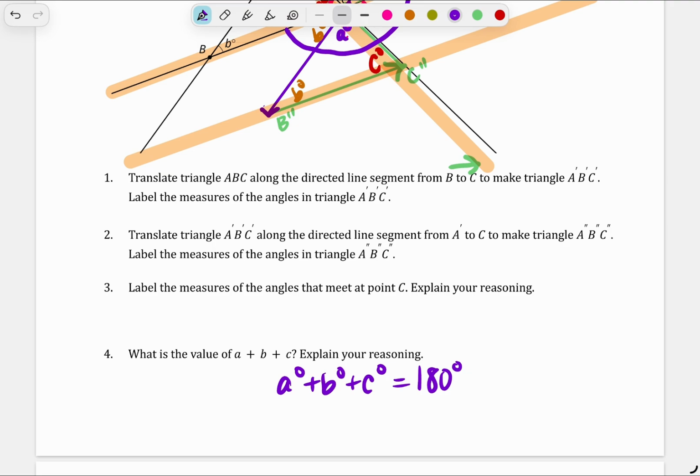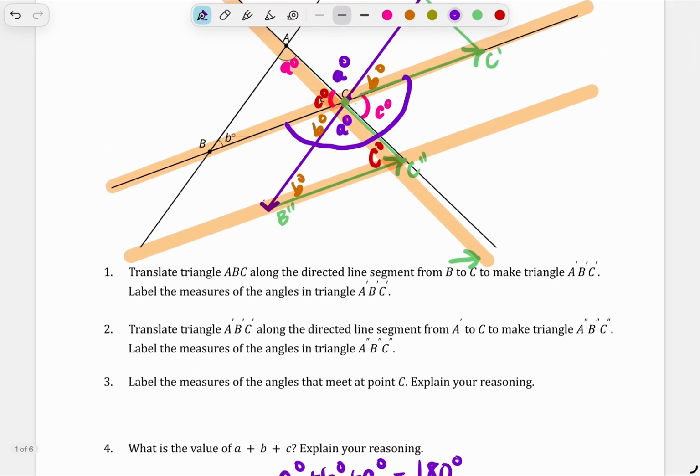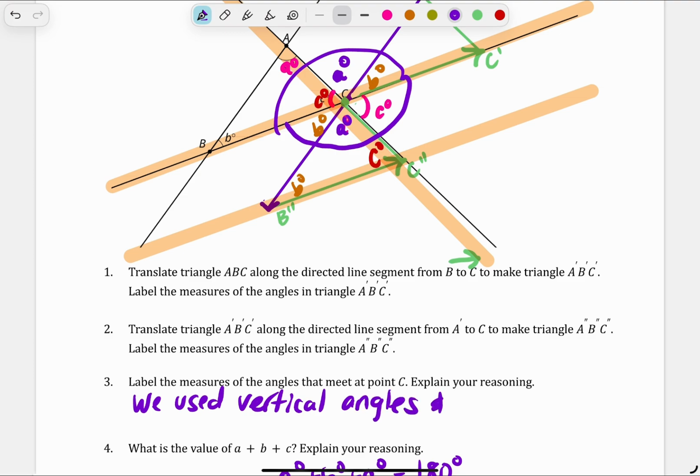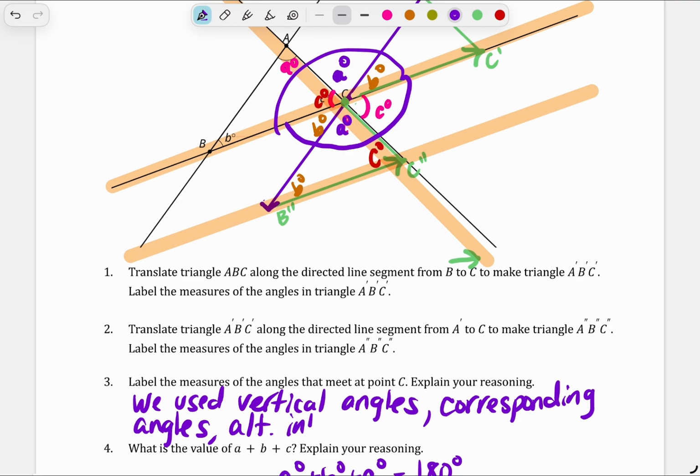All right. And how do we find all the angles that meet at point C over here? We used vertical angles and vertical angles, corresponding angles, alternate interior angles formed by parallel lines.